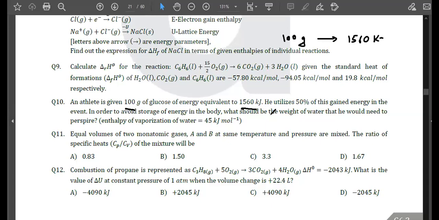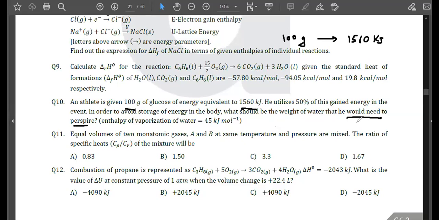He utilizes 50% of this gained energy in the event. In order to avoid storage of energy in the body, what should be the weight of water that he would need to perspire?